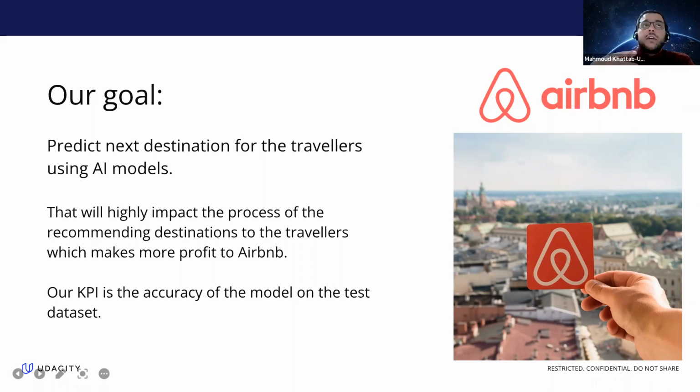If it sees that you are from India and most of the India users have traveled to the United States, it is going to recommend to you some flights or some hotels in the United States. Okay, so did you get that? Okay, very great.